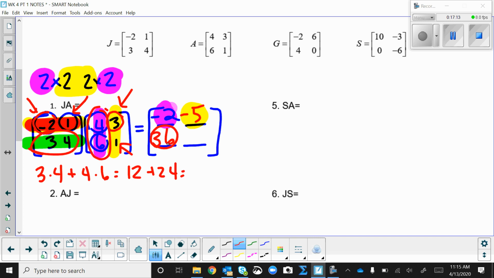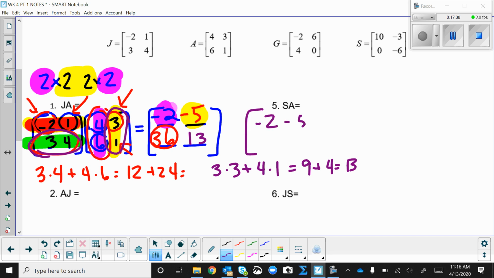And now we're going to do row 2, column 2. The first entries are 3 and 3. The second entries are 4 and 1. You're multiplying those things and then adding them together. Okay, so that's your final answer: -2, -5, 36, and 13. Take a moment and try number 5, SA.